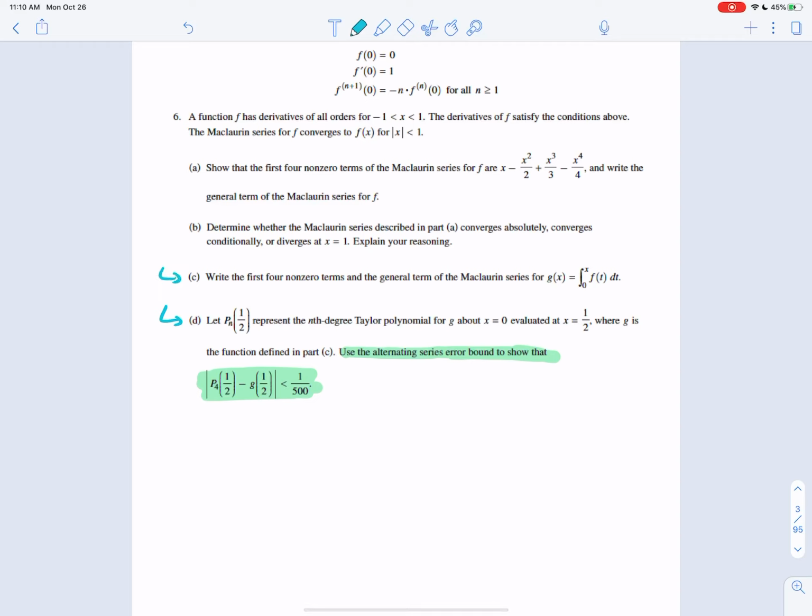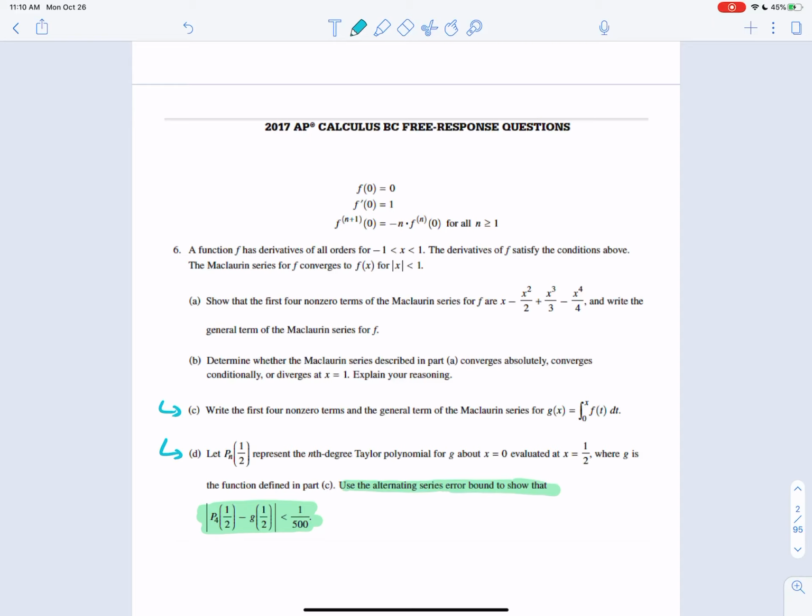Okay, so I'm going to have to go back and let me look this up real quick so I don't have to reinvent the wheel here. 2017 BC scoring guidelines.